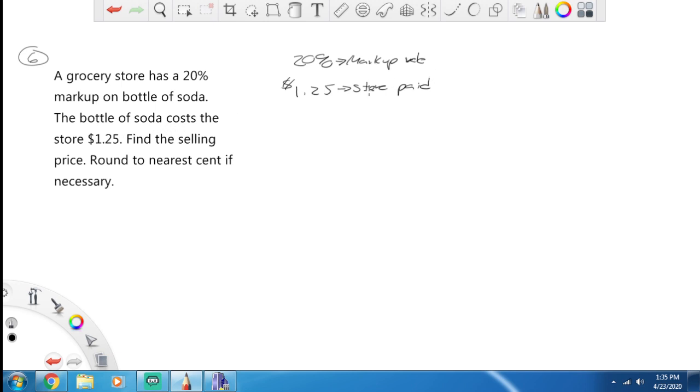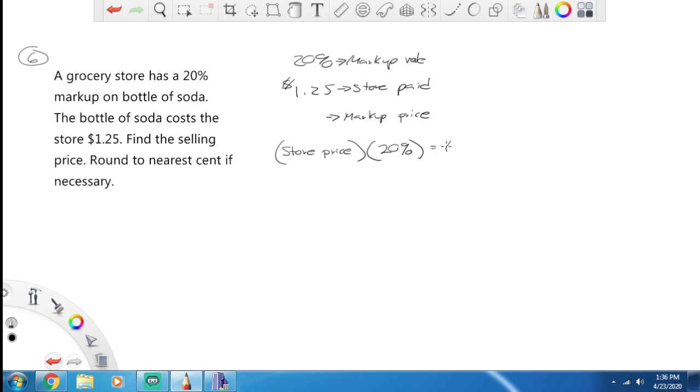So to find your markup, so how much is it actually marked up, which is not the same thing as this markup percentage or this rate here. How much did they mark it up, which is also not the same as what the question is asking. They're asking for the selling price. I want to know what the markup price is. Okay, so how much did they actually mark it up? In order to find that, you can take your store price and multiply that by your percentage.